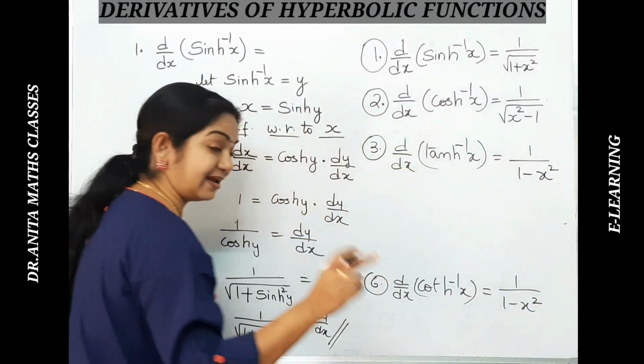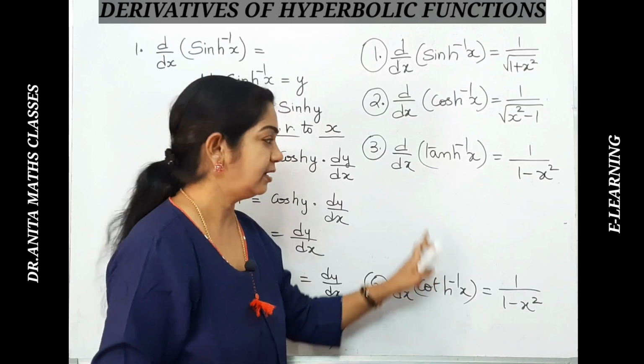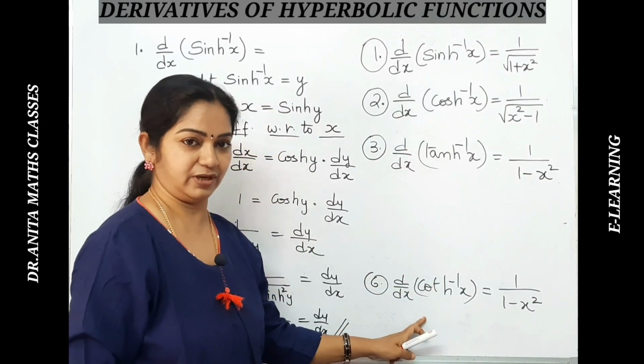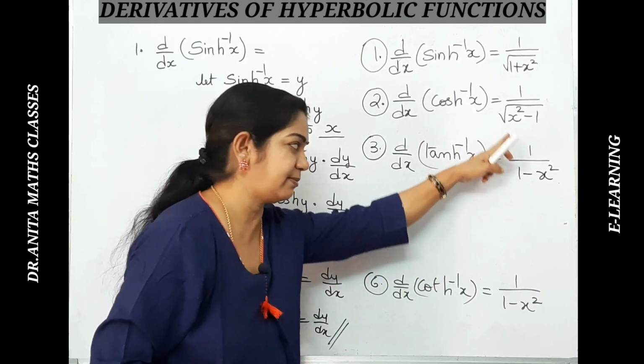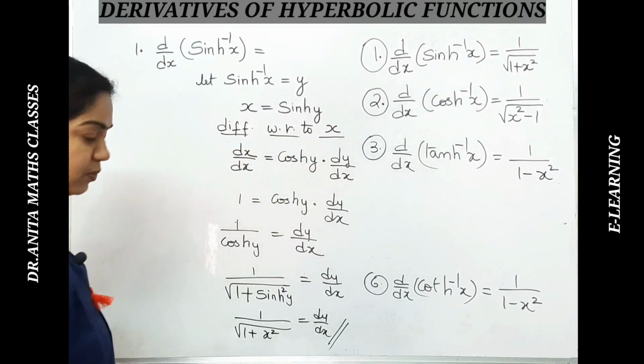So these two are the same, but the domains are different. The domain for this and this are different, but for tan and cot inverse hyperbolic functions, we have 1 by 1 minus x square, the same one.